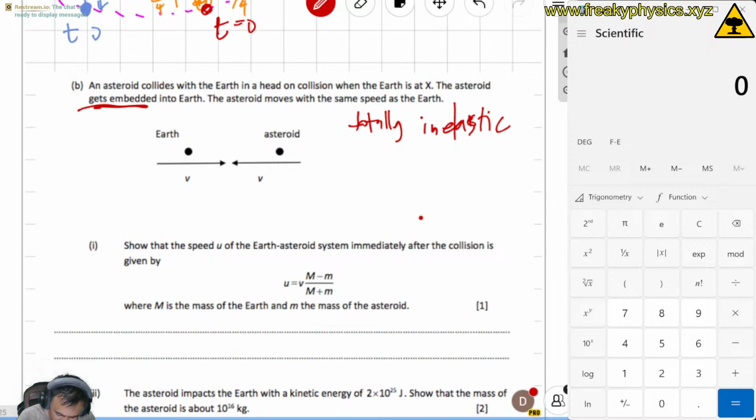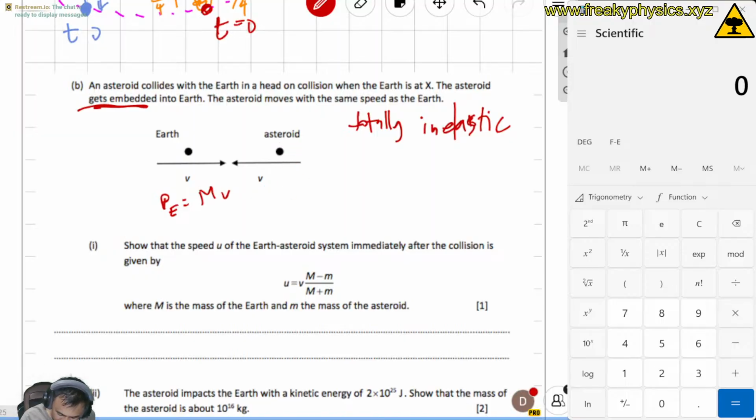So in this case, it says there that their speeds are equal but opposite, or the velocities are equal but opposite. So let's put that in here. So here, this is the initial momentum. So P of the Earth should be equal to, it says here that the mass of the Earth is M, and then v.